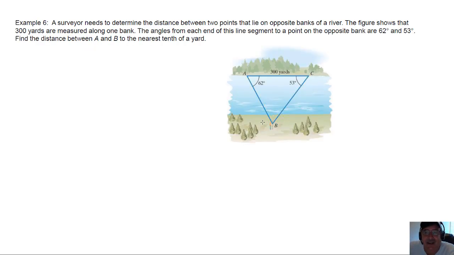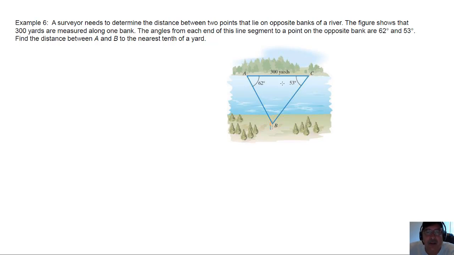Example 6. I've drawn a beautiful picture for y'all. Actually, I just copied and pasted it out of some materials I have, and it says the surveyor needs to determine the distance between 2 points that lie on opposite banks of a river. So the figure shows that 300 yards are measured along one bank, along the top here.